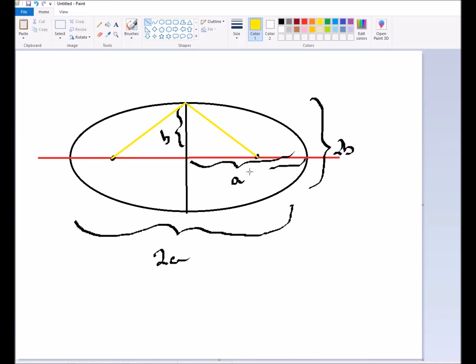So each side is going to be half of my 2A. So therefore, technically, that makes this line my A, right?